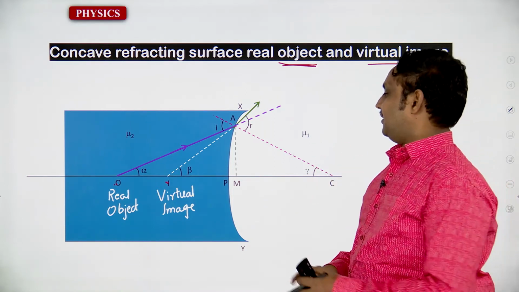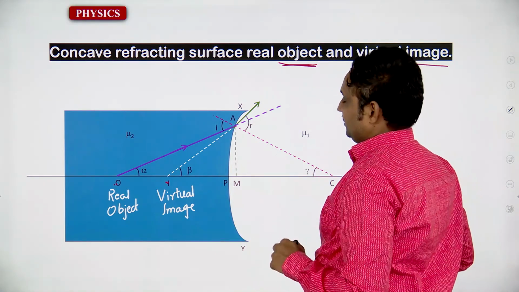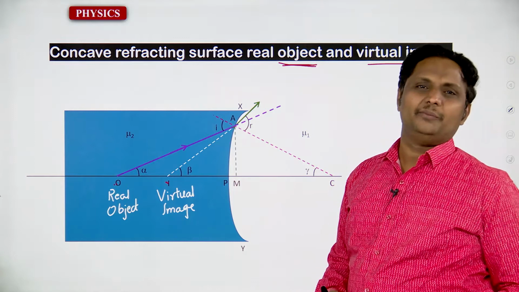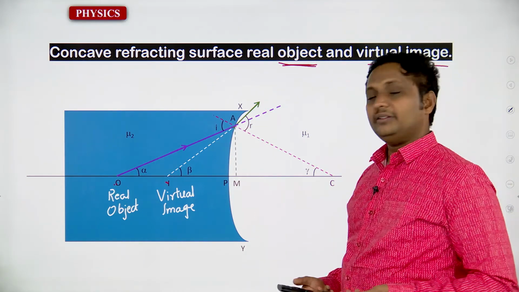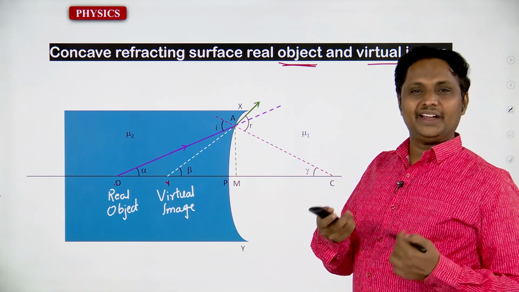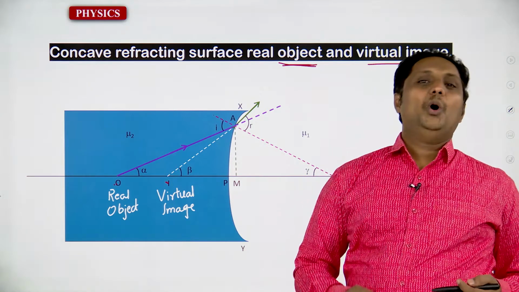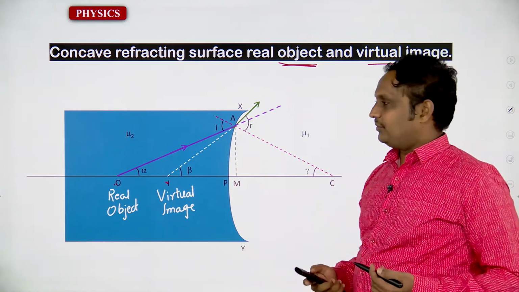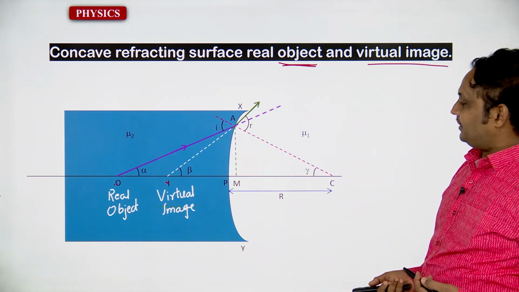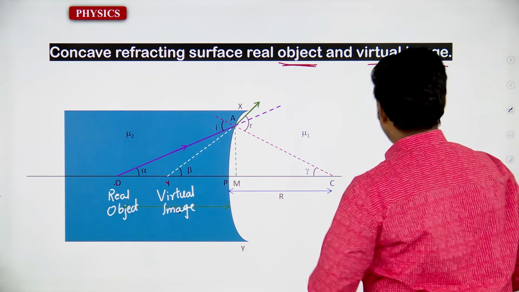So this is the virtual image that is formed. We can apply the same principle, not at all different. What is the principle? Apply Snell's law and consider the angle of incidence and angle of refraction to be small. So you will write this down.